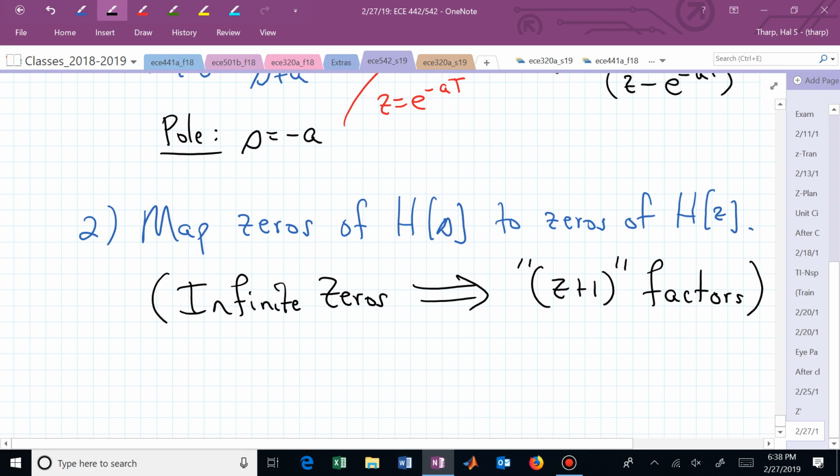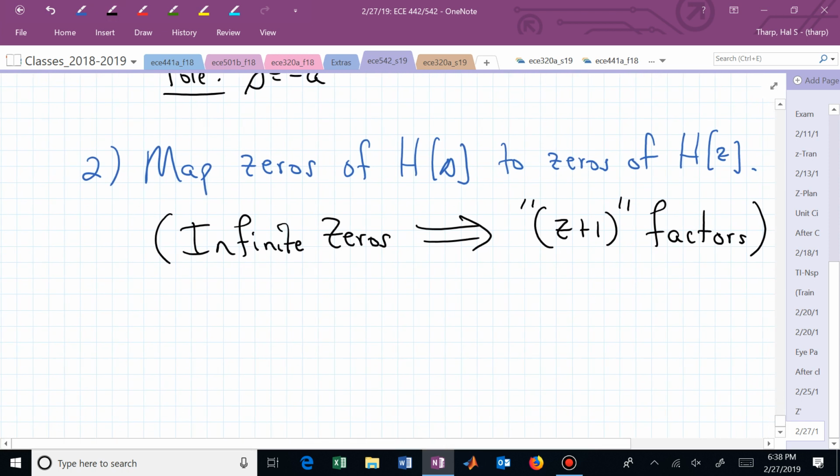If we had two poles and one zero, we would have one zero at infinity. We would then include in our numerator expression a z plus 1 factor. If we had two zeros at infinity, we would have a z plus 1 factor squared in our numerator, in addition to any of the finite zeros that get mapped to their appropriate factors. Finally, we match the gains.